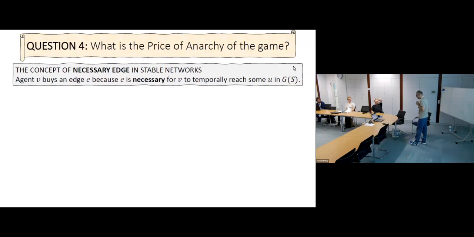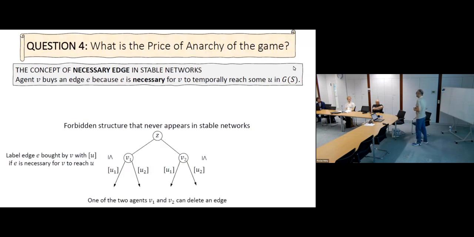If we pick a stable network and we look at an agent that is buying an edge in that network, and we ask why the agent is buying that edge, the answer is very simple. Agent V buys an edge E in the network because that edge is necessary for V to temporally reach some other vertex U in the network that has been formed, which means that V cannot reach U in the network G of S minus E.